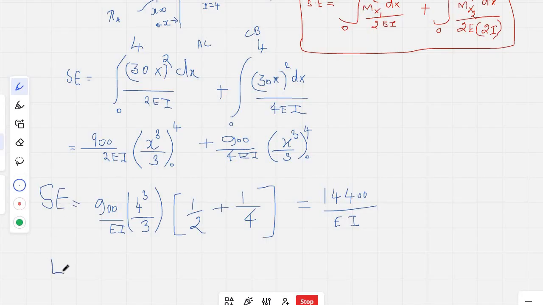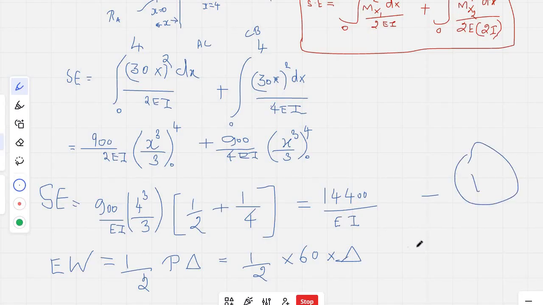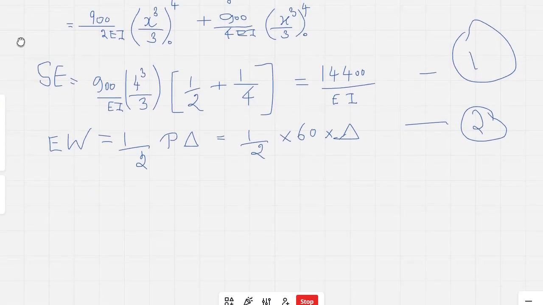Now external work done is half P delta, equal to half into 60 times delta. This is equation 1, and this is equation 2. So now you equate 1 and 2.